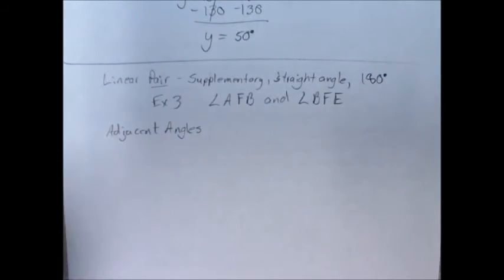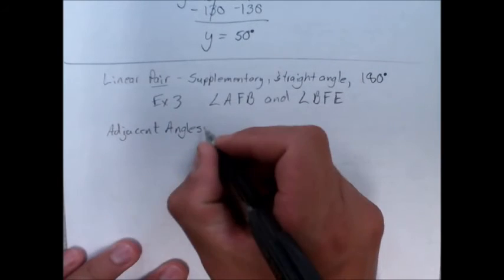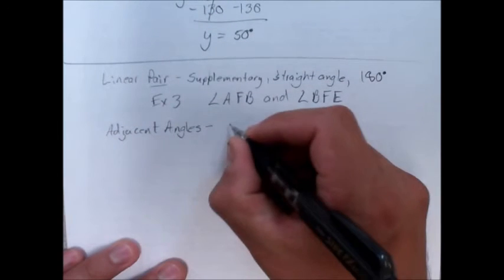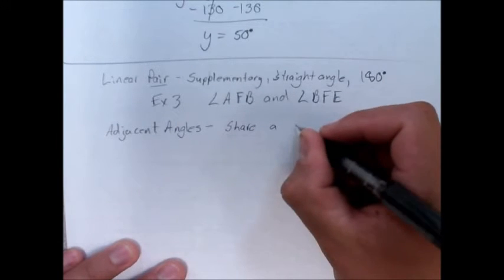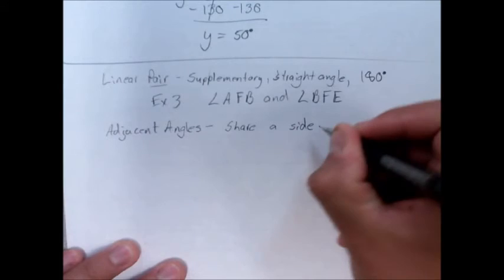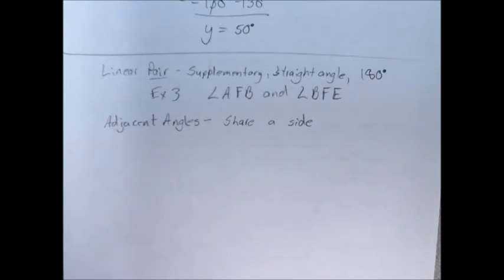So adjacent angles share a side. They just simply share a side. That's as simple as I can put it. The definition in the book will tell you that they share a side, but no common interior points.